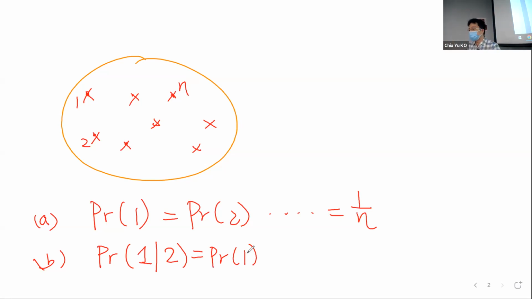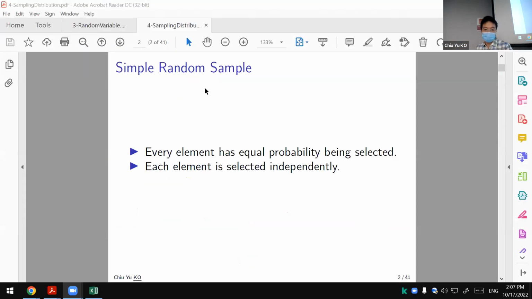Okay, give me the item numbers. You just toss a coin or use a random number generator and you select, then it's fine. If you say, let's pick up the first row, the first one, second row, this one, and so on, and you don't want to pick the very tall one, then depending on your height, there will probably be some selection bias. Okay. But for our purpose, we just focus on simple random sample, okay?